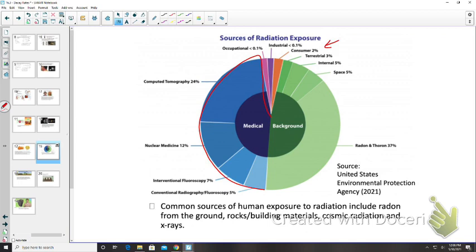Interventional fluoroscopy, conventional radiography, right? This is when you're going to get a full body scan, maybe an MRI or an X-ray or something like that, okay? So that's where the majority of our radiation comes from, from medical treatments. The other half is just from background exposure from the Earth and a little bit from consumer, okay?